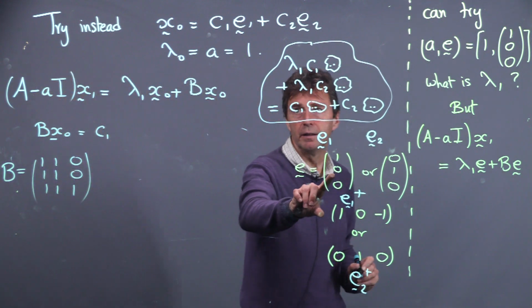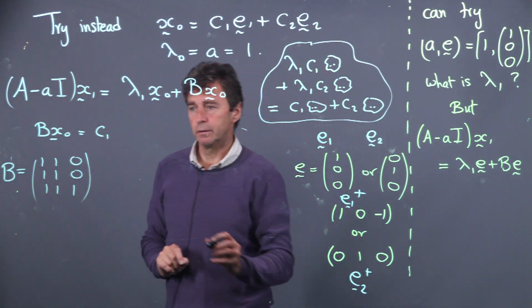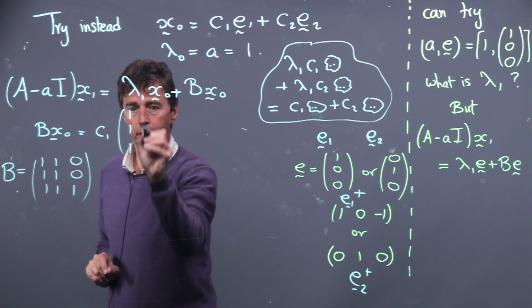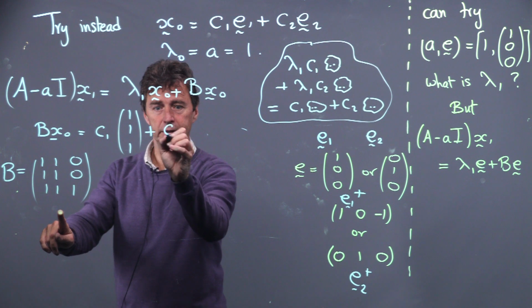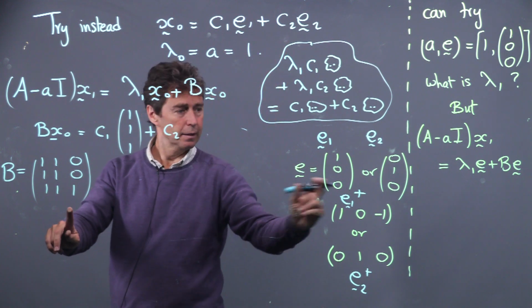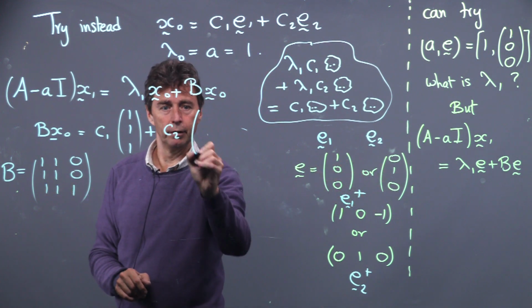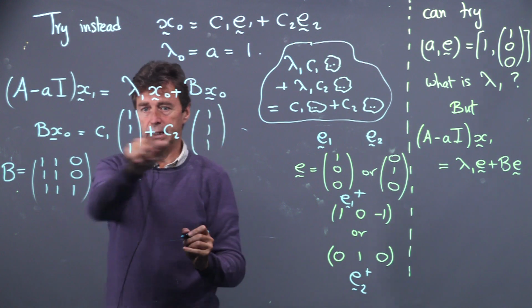And this is E1. So this is 1, 1, 1. That times that. And then I get a C2 from here. That's going to be 1, 1, 1 again. So that's B x naught.